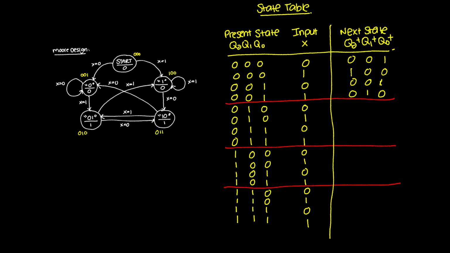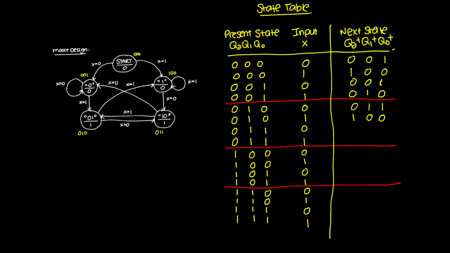So if I'm in state 0, 1, 0, that's this, and x is 0. Again, like I said, my next state is going to be 0, 1, 1, so I'm going to write that here. If, on the other hand, my input x is 1, I move to state 1, 0, 0.